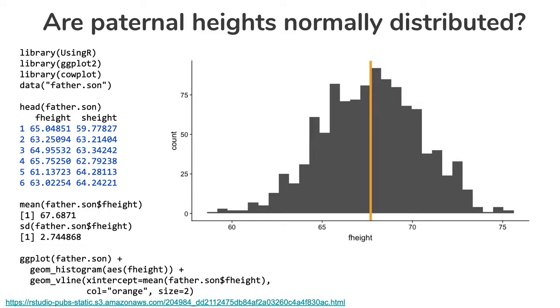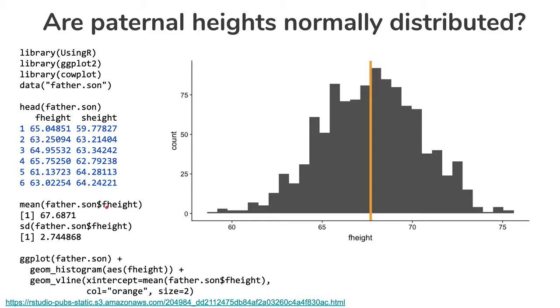Okay, so I'm not going to run this code. I'm just going to tell you that it works. We can load up this data set called father.son. We can take a peek at it. We can see there's a vector called fheight, and then there's sheight. And these, I would guess, look like they are in inches. And we can compute directly using tricks that we already know about.